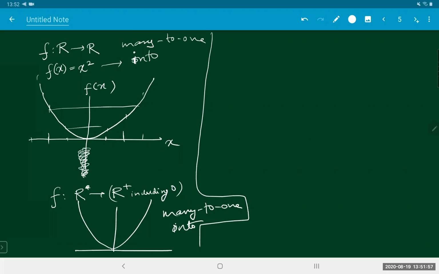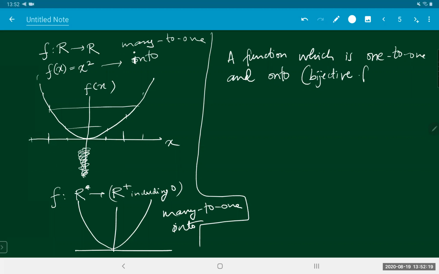There is a theorem which says that a function which is one to one and onto, and there's a special name for it, this is called a bijective function, is invertible, which means you can find the inverse of this function.